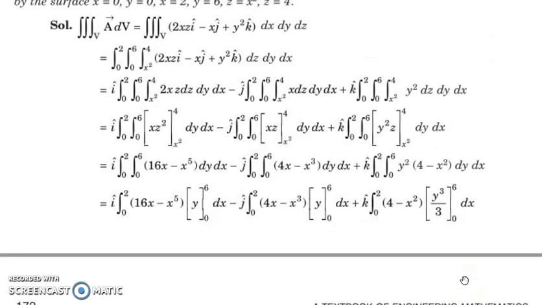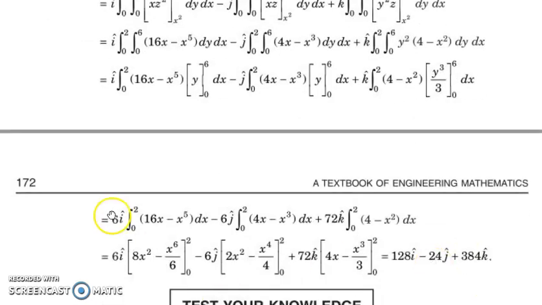So you will get 6i, integral 0 to 2 of 16x minus x raised to 5 dx, minus 6j integral 0 to 2 of 4x minus x cube dx, then 72k integral 0 to 2 of 4 minus x square dx.